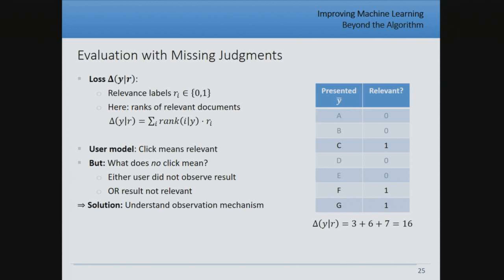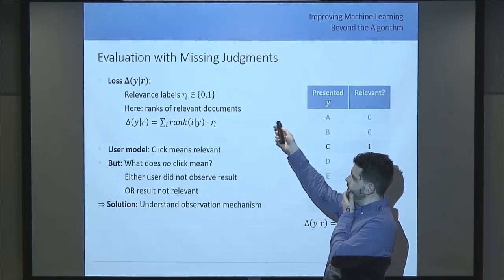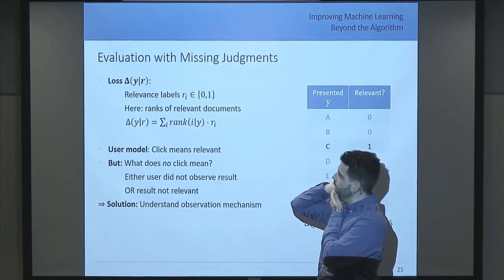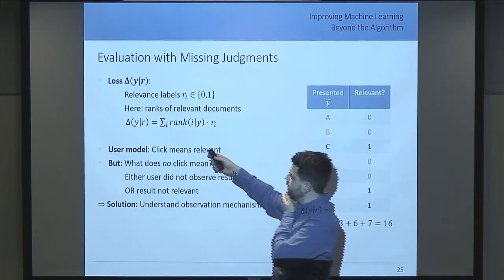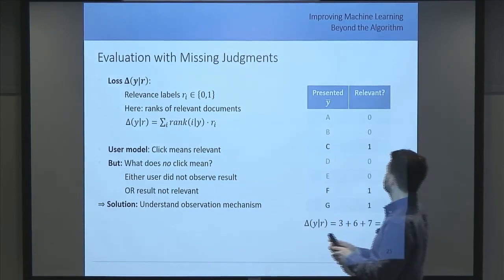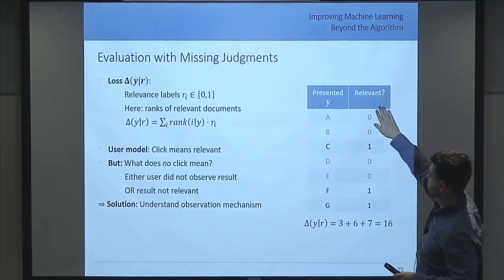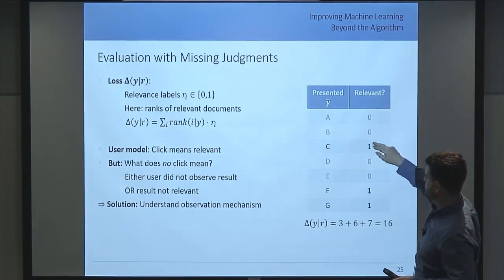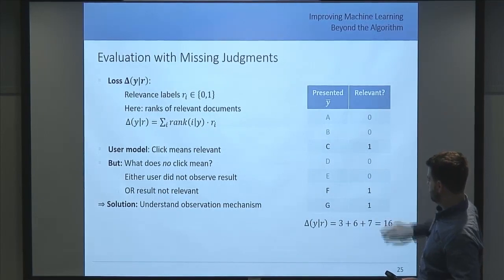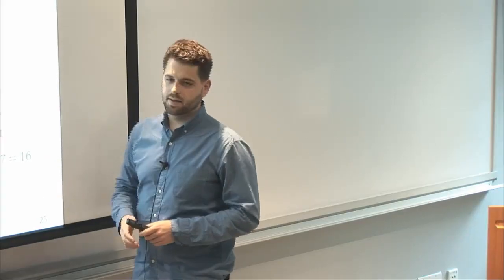Given the binary relevance labels, it tells you how good a ranking is. In our paper, we use the sum of ranks of the relevant documents. So if this was the ranking being presented, you would add up rank 3, rank 6, and 7. That would give you a loss of 16.